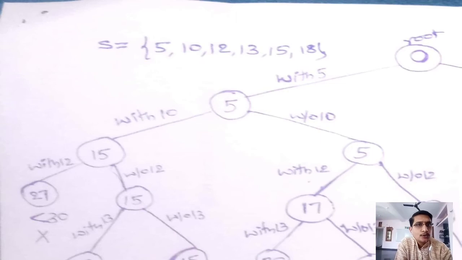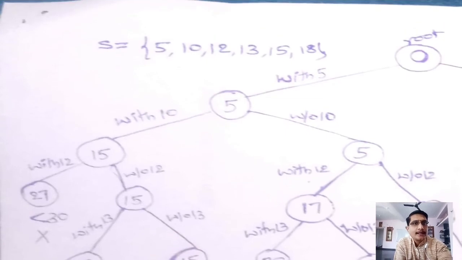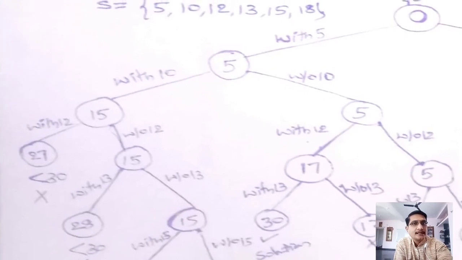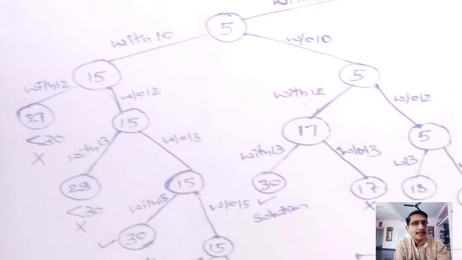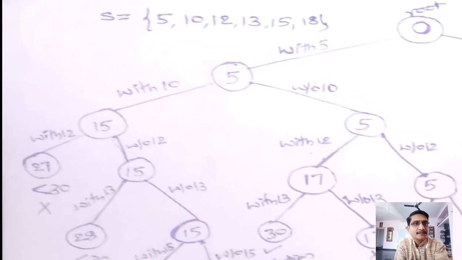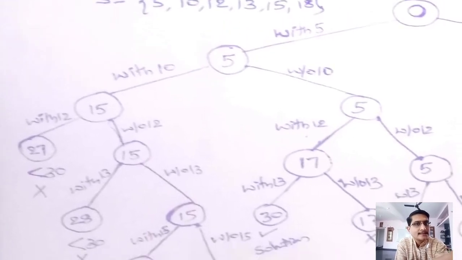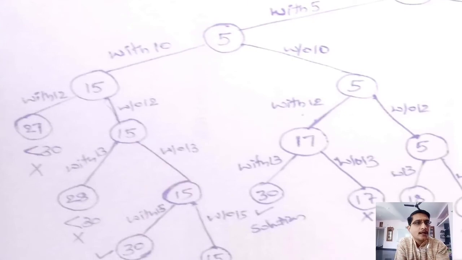Now without 12, the next item to be considered is 13. 15 plus 13 is 28. Again, even if you consider the next item, that is 15, 28 plus 15 will be more than 30, and 28 is less than 30. So again this has become a non-promising node.